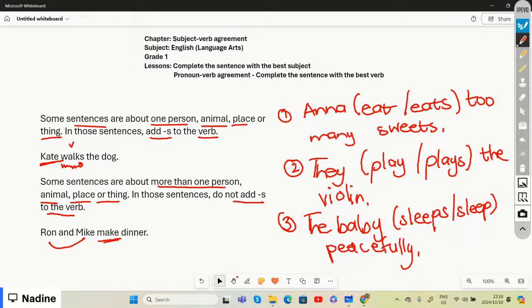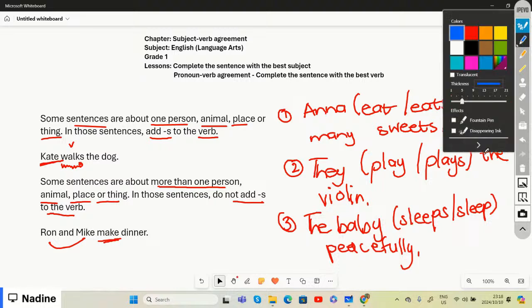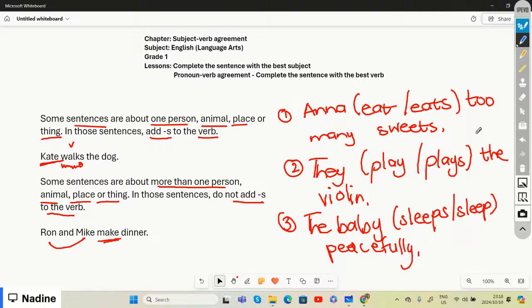And if we were to choose the correct option between brackets, then we will say Anna. Anna is one person. So for one person, do we say Anna eat too many sweets or Anna eats too many sweets?